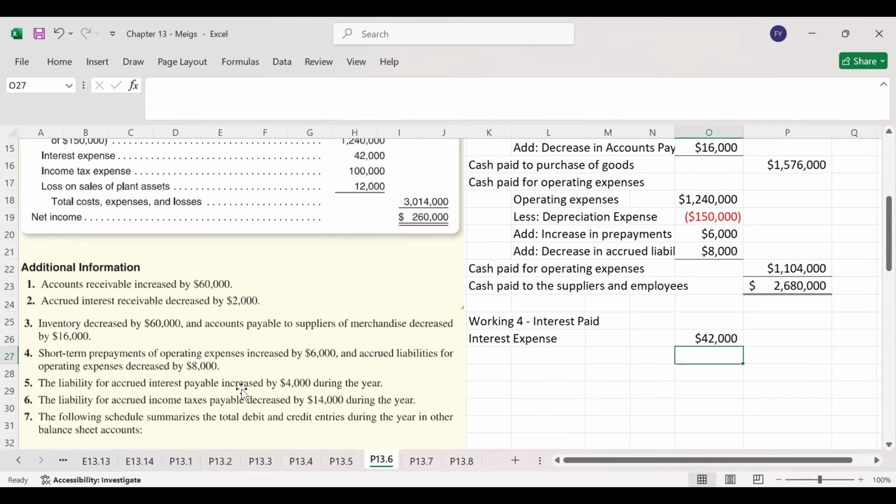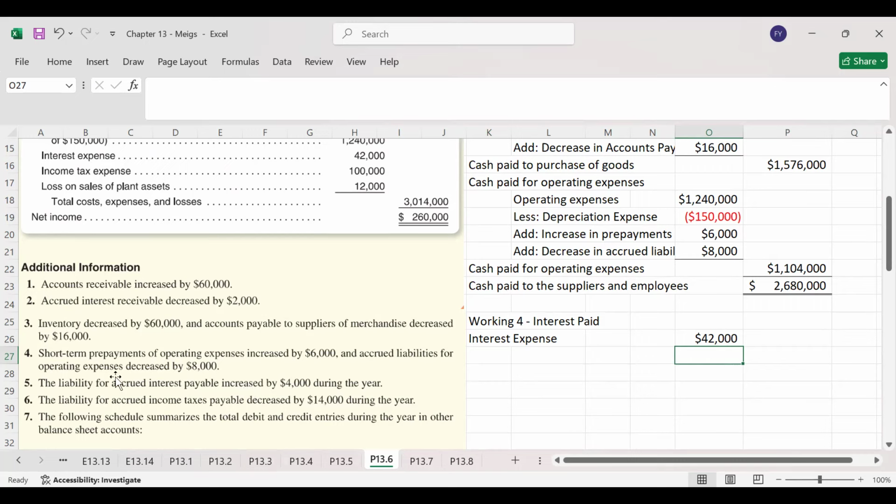You can see that accrued interest payable is increased by $4,000.